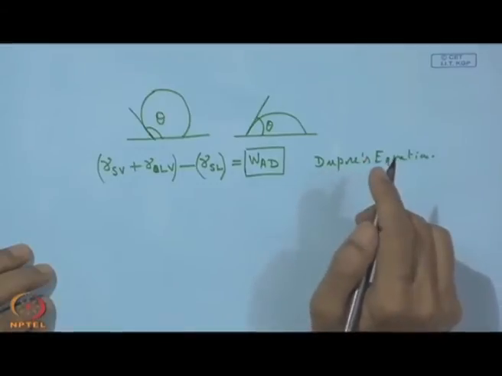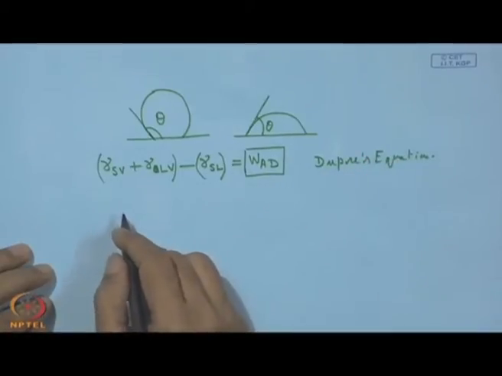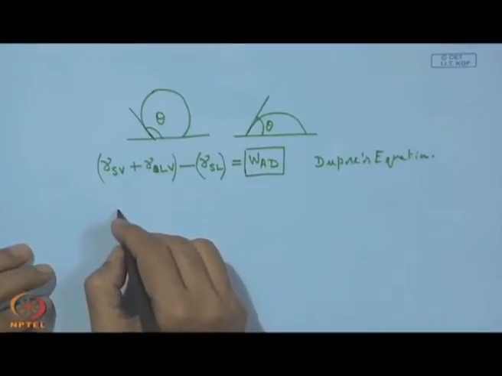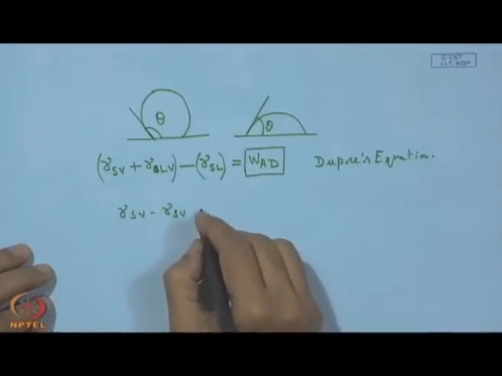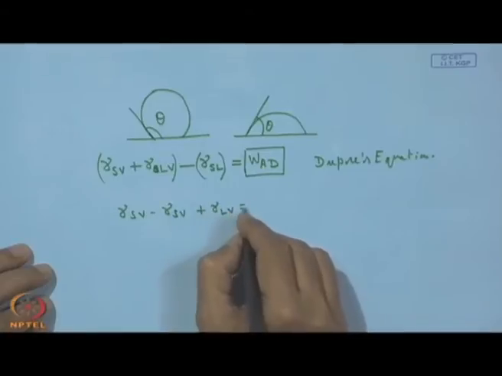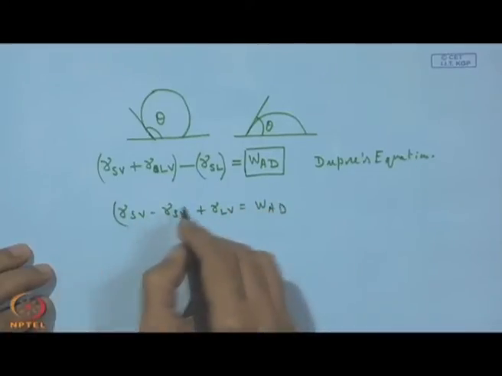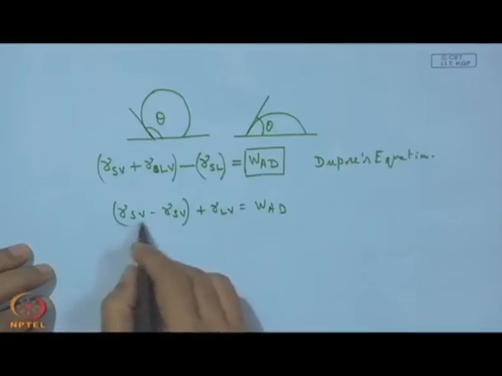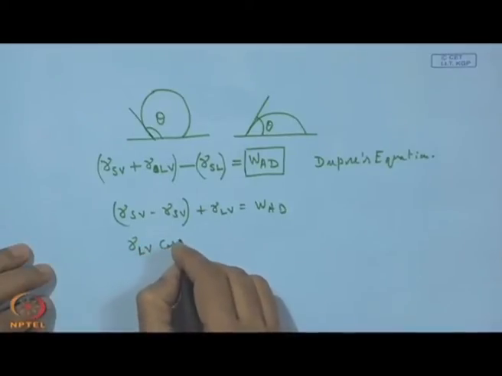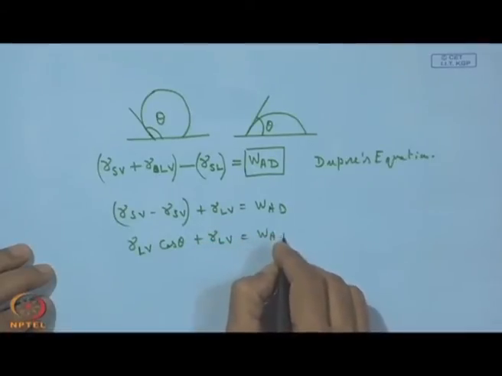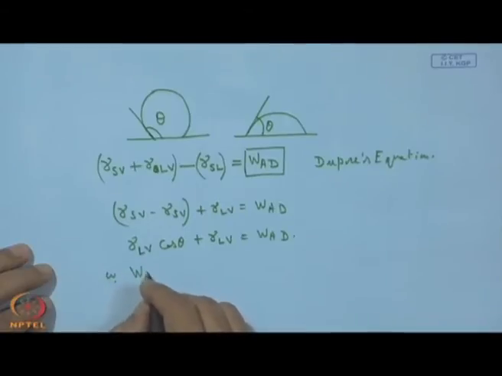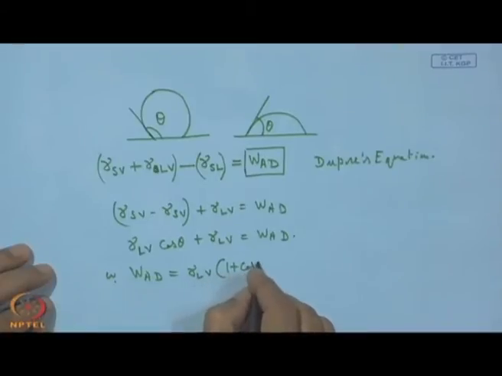and putting Young's and Dupre's equations together, one can find out that gamma SV minus gamma SL plus gamma LV is equal to WAD, but this can be substituted by gamma LV cosine theta plus gamma LV is equal to WAD, or finally, we arrive at this relation: WAD equals gamma LV times 1 plus cos theta.